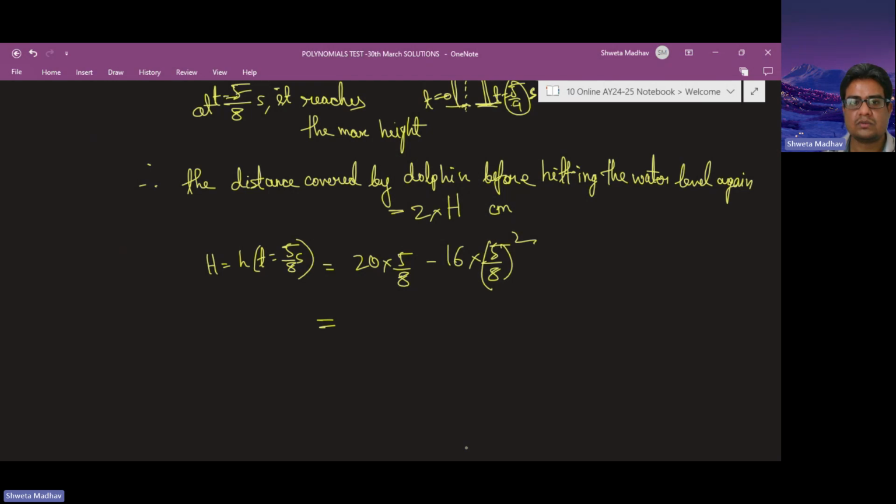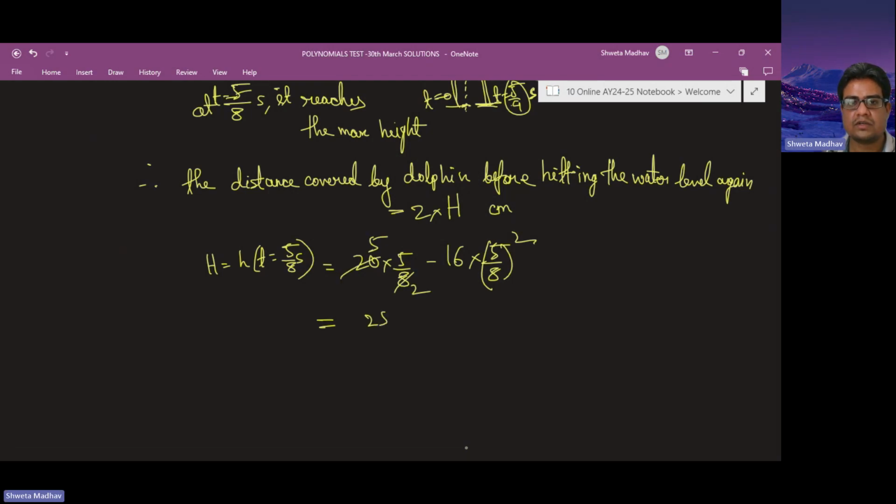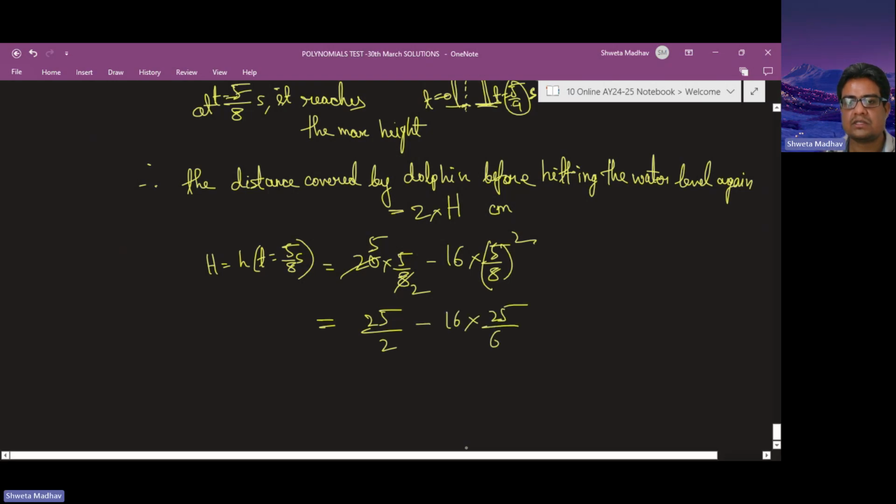which will be equal to 4 8s are 20, that is 25 by 2, minus 16 into 25 by 64, 16 4s are 64.